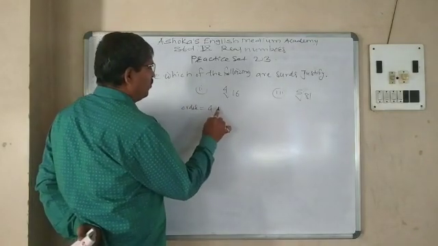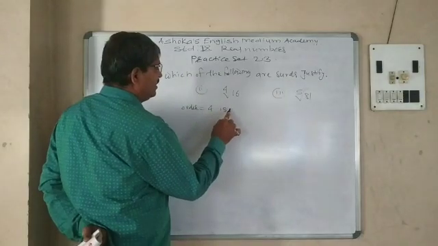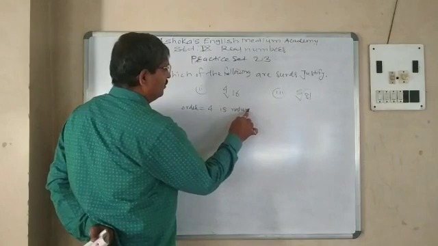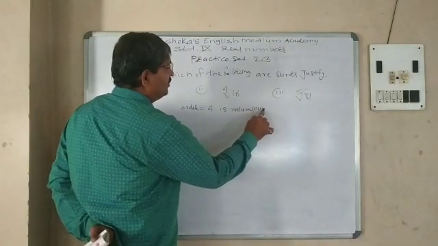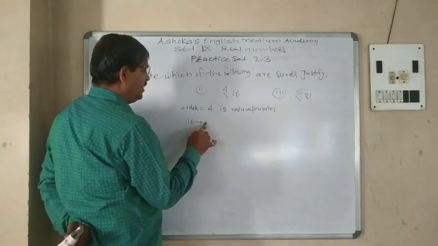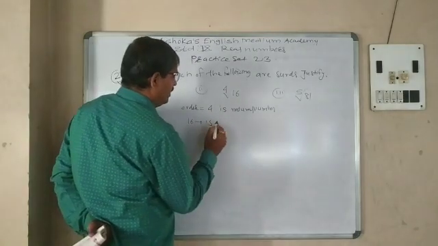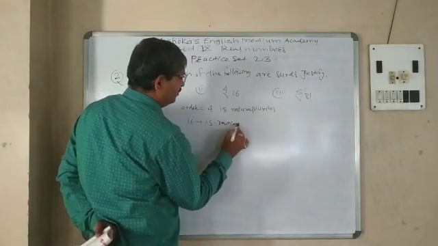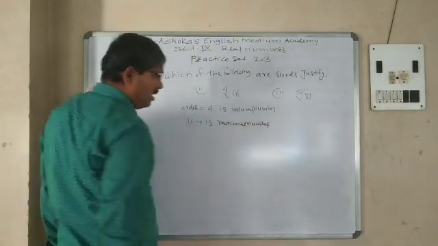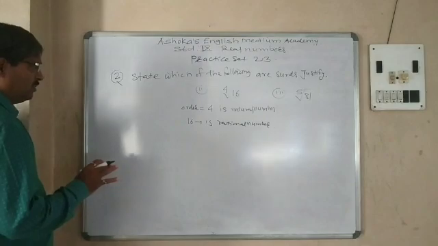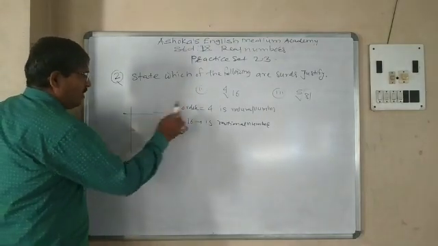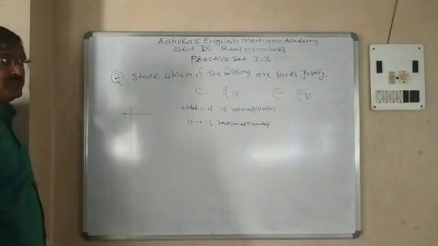Order is equal to 4, which is a natural number. 16 is a rational number. Now, I also don't know, so what to do? How will you decide what is the fourth root of 16?